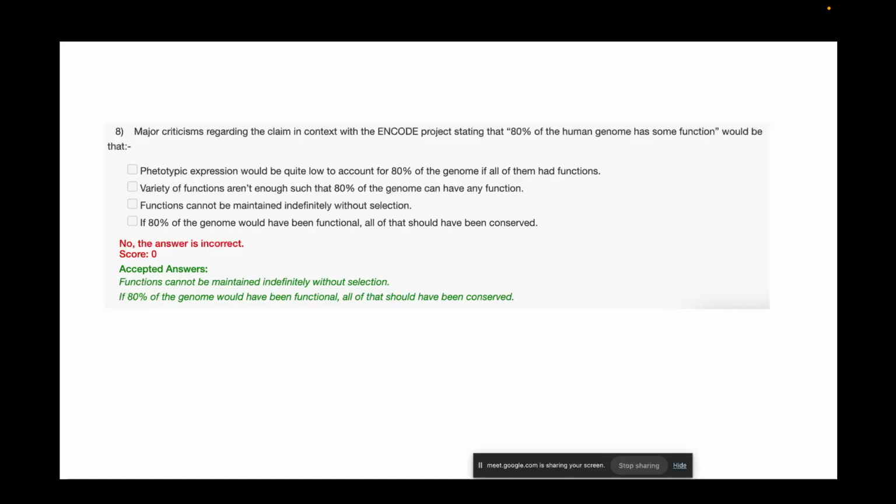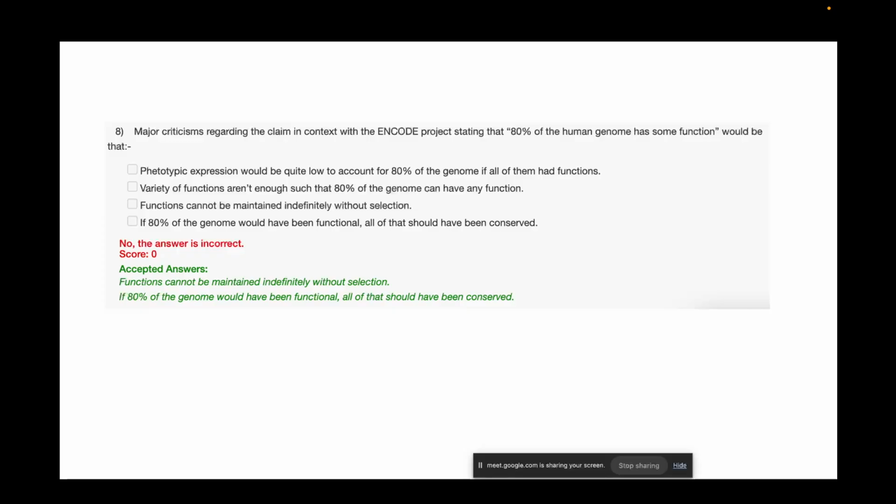So both are from an evolutionary perspective: there has to be some selection if it has so many functions. Definitely the selection has not happened across all of it, because these are not direct functions, right? The claim that 80% of the human genome has some function does not say that it has a direct function. It is not coding for anything, but it is helping or regulating something else.